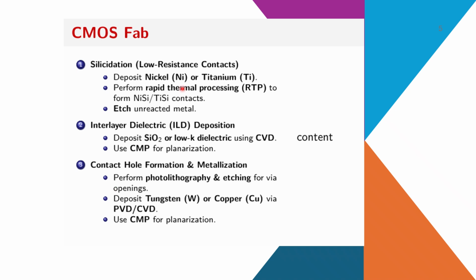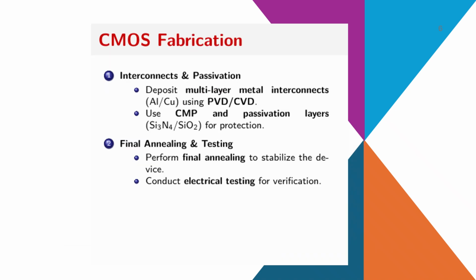It depends. Normally we can deposit nickel, titanium, like that, depending on the type of application. Then interconnection, that is, deposit multi-layer metals like aluminum, copper using PVD or CVD, that is physical vapor deposition or chemical vapor deposition. Okay, and then use CMP and passivation layers for protection.